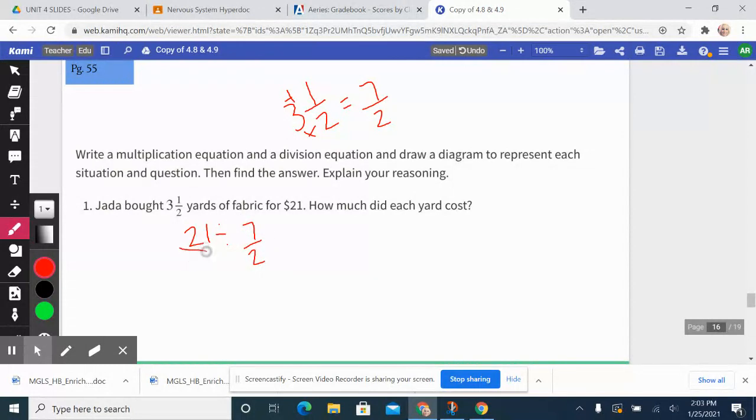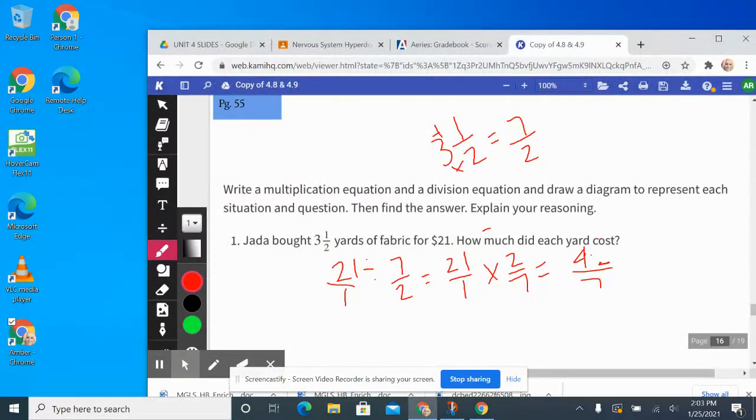Remember that the 21 needs to be over 1. And this becomes 21 over 1 times 2 over 7. Okay, and then 21 times 2 is 42 over 7. Sorry, that's a 2. It's just blocking me. And 42 divided by 7 is 6.